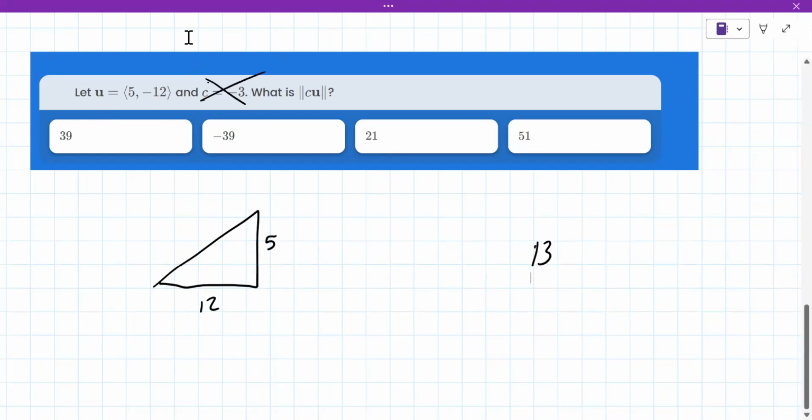Think of this C now. Can you use this -3 and this 13 to get to any of those answers? Oh, you can use -3 and 13 to get -39. Yes, the answer then would be -39 if you multiply -3 with 13. There you go. Good. So there's always a way to get to the answer, even if you don't know the answer.